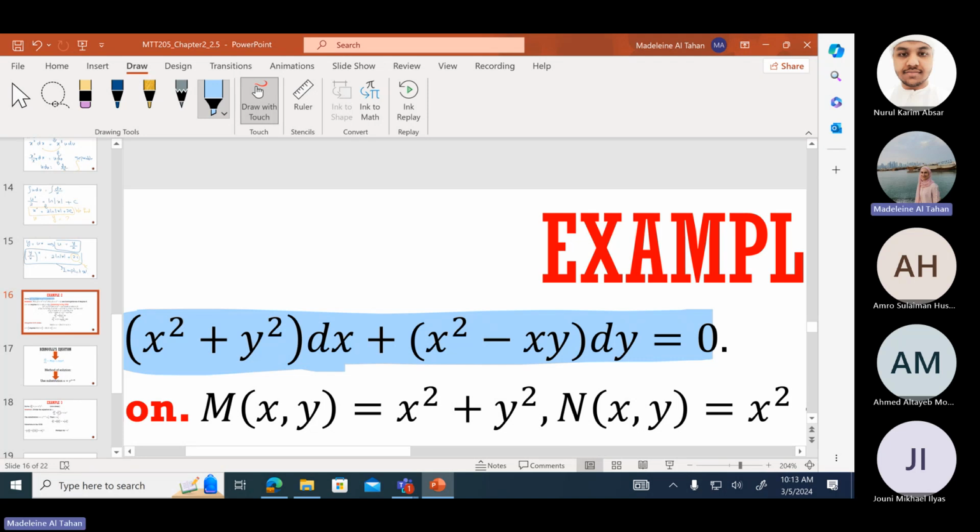Ali Ismail is here, and Ahmed al-Tayyib is not here. Miss, can you mark me as present?